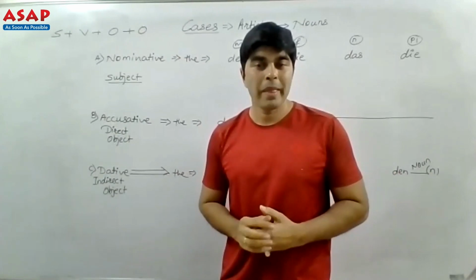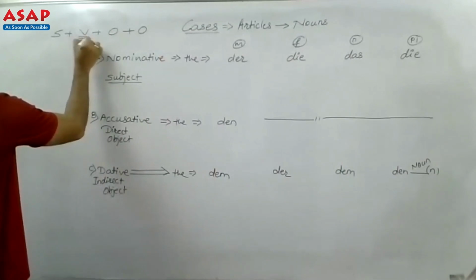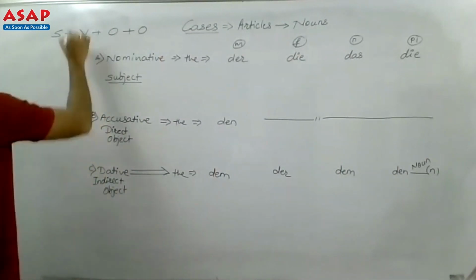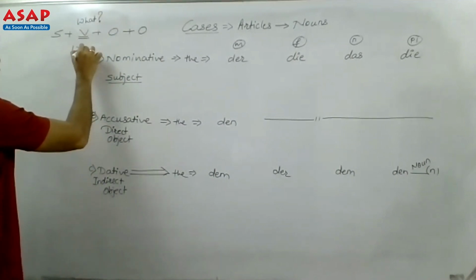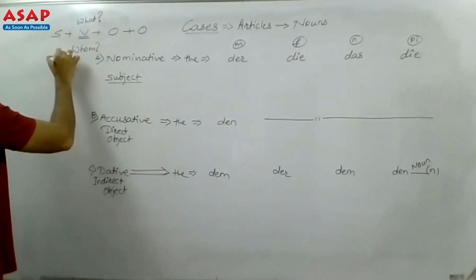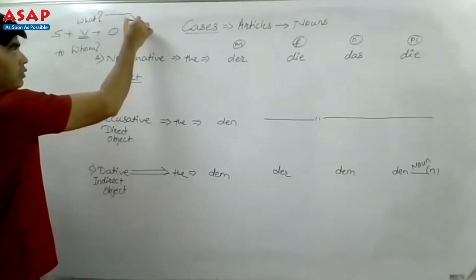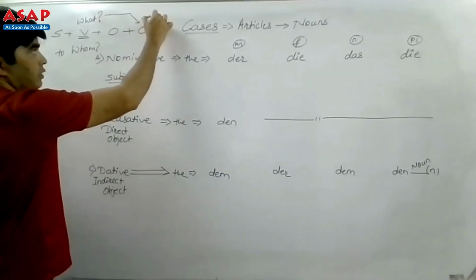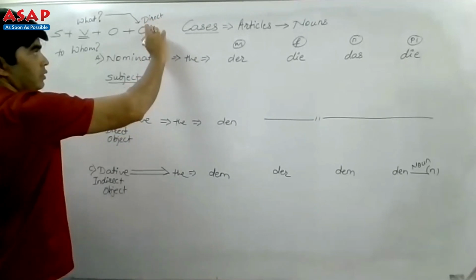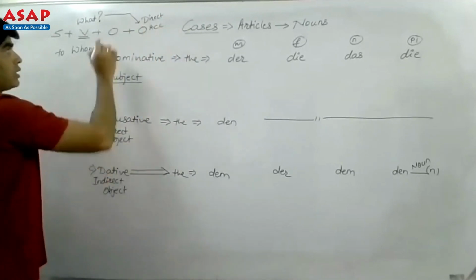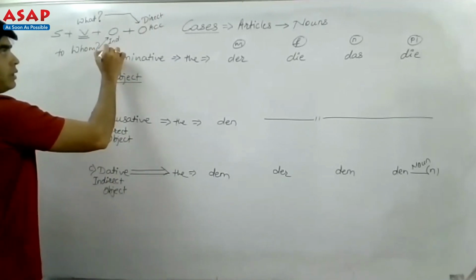The verb will help you here. You ask the verb: what, and whom or to whom. The answer you get for what will be the direct object, that is accusative.